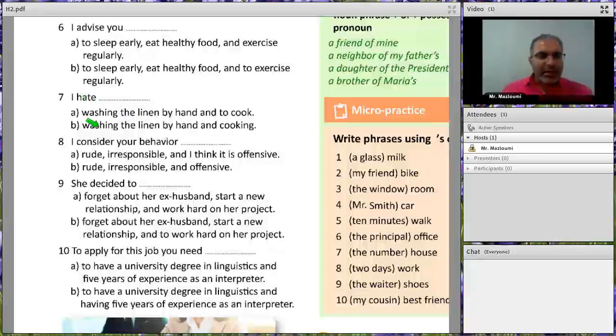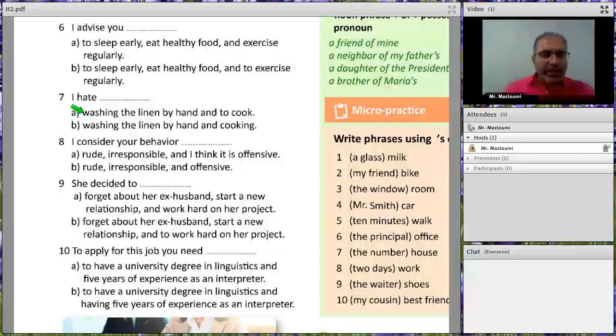So I hate doing something and doing something. B is the correct answer. But in A, if you check it out, I hate washing, okay, and to cook. You see, a gerund phrase, then we have an infinitive, so they are not parallel.